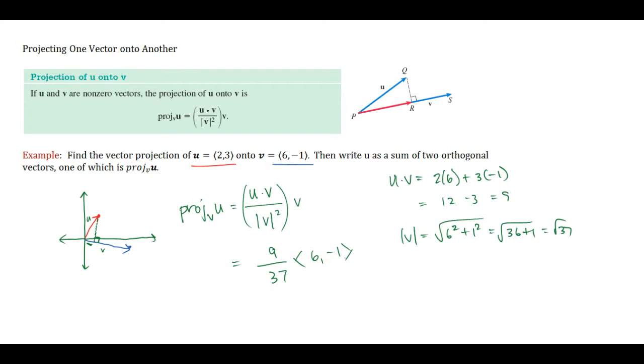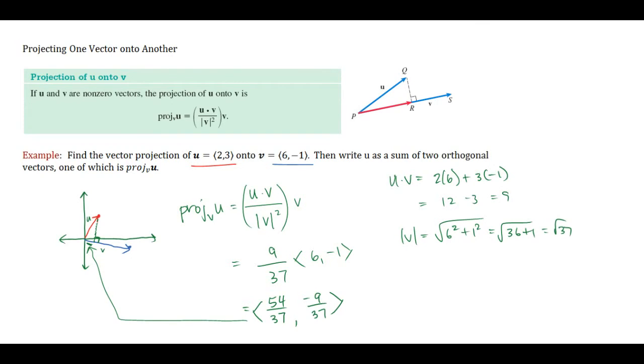So you just distribute that through there, and you get 9 times 6 is 54/37, and negative 9/37. And that vector is that little projection right there. He is right almost 2, and down not much, right? And that is how big that vector is. And so that is called the projection of u onto v.